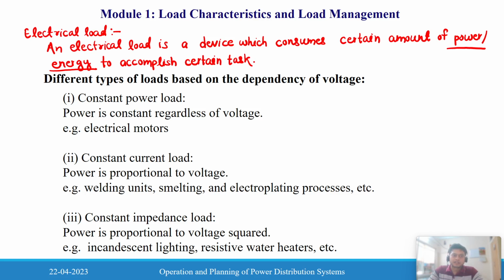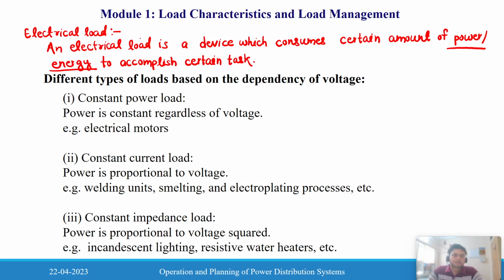If we say that electrical load has increased, it means that consumption of power or energy has increased. And if electrical load has decreased, it means consumption of power or energy has decreased.